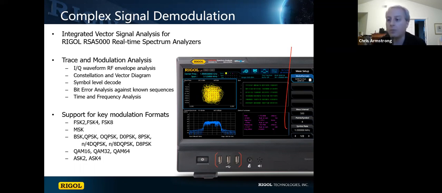Which again, for people doing Raspberry Pi or simple modulation build-outs, is a great way to debug: what's my actual signal quality in a bit error rate mode, at this range or at this power level.